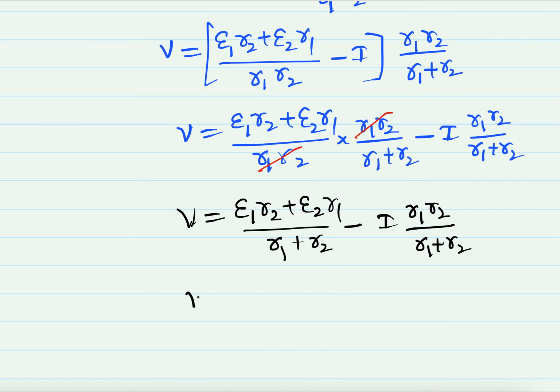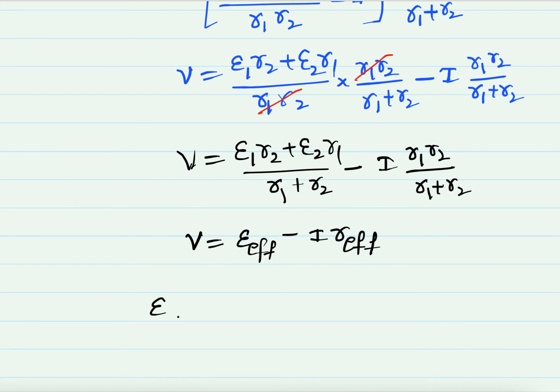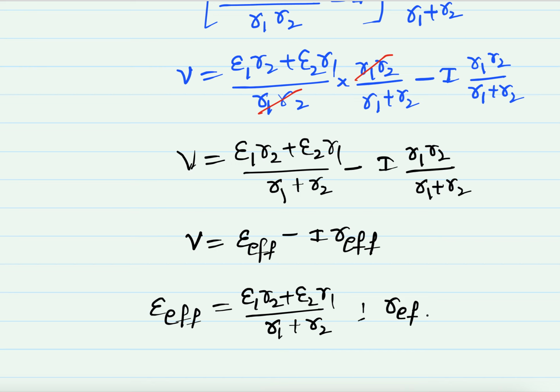This is related to E effective minus I R effective. If I compare these two equations, E effective is equal to (E1 R2 plus E2 R1) by (R1 plus R2), and R effective internal resistance is R1 R2 by (R1 plus R2).